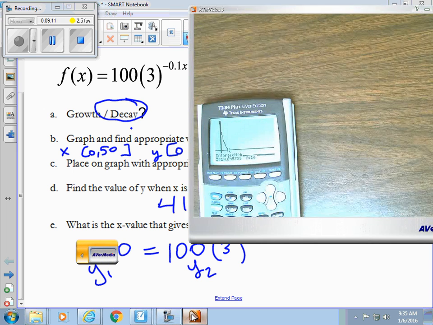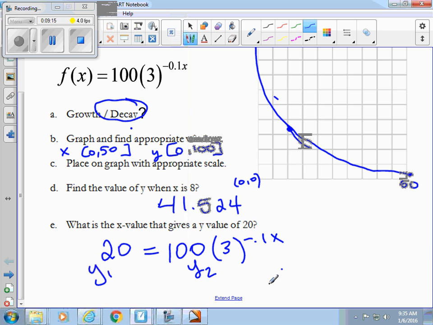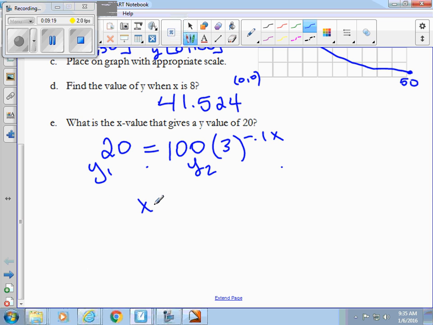So it's amazing how the calculator can help you use it to your advantage. So x is approximately 14.650. Okay, any questions about that one?